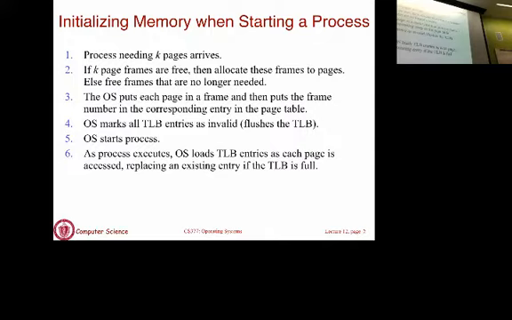You have not started executing. So the TLB is this hardware cache, as we mentioned, that is going to store the most frequently accessed page table entries. So you are going to flush the TLB, start with an empty TLB, okay, and then you start the process. As the process executes, it's going to execute memory instructions that access memory. You take the memory address, you do the translation, okay, and then you look in the TLB. If the page to frame mapping is not in the TLB, you can go to the page table, fetch it, and then put it in the TLB.